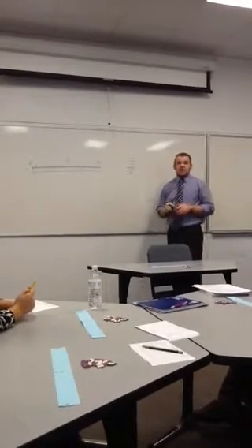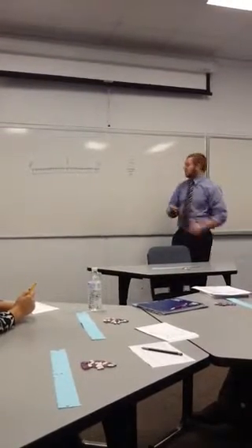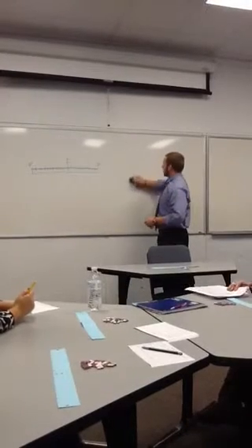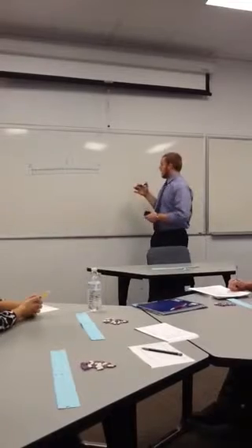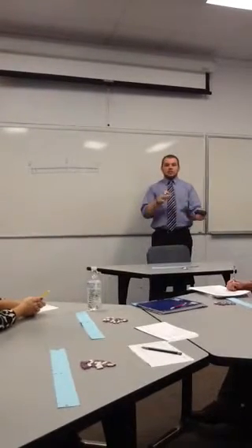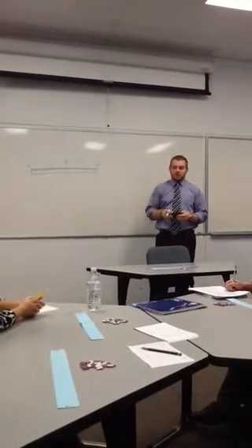Okay? So today we're moving on to mixed fractions, and that's when our numerator will exceed our denominator. And so we're going to show a really cool way of changing that.